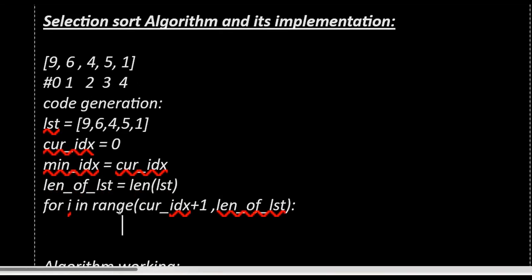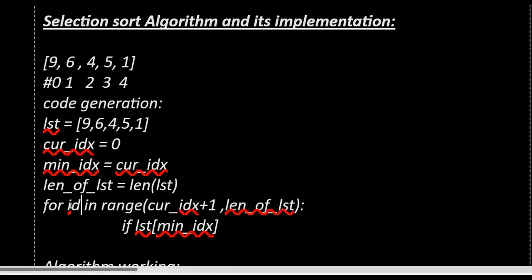Now what do we need to check? Is there any element smaller than what I'm assuming as the minimum element? I'm assuming my minimum element is whatever element is present at the minimum index, that is, lst of minimum index.